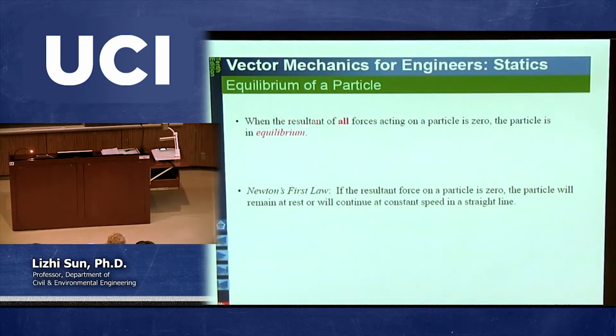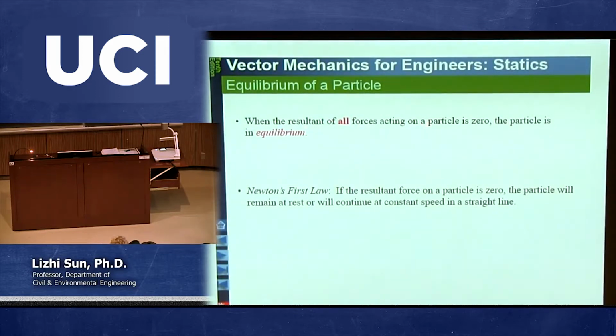So when the resultant force, or the resultant equivalent of all forces acting on the particle, equals 0, then the particle is in equilibrium. And that's the definition. Many times we use the reverse way. Let's say if the particle is in equilibrium, then the resultant force equals 0.